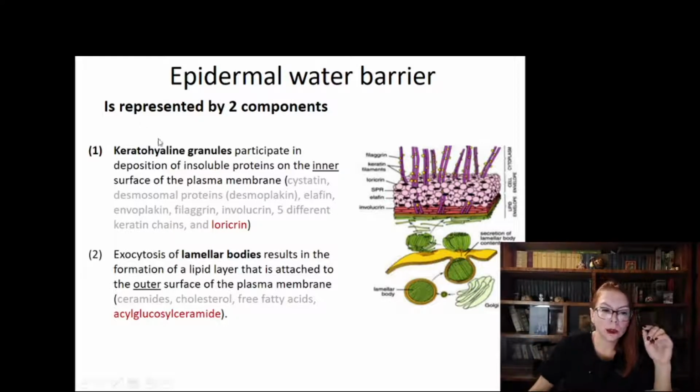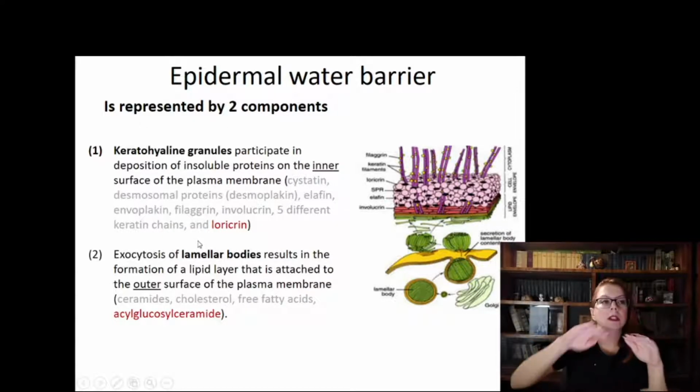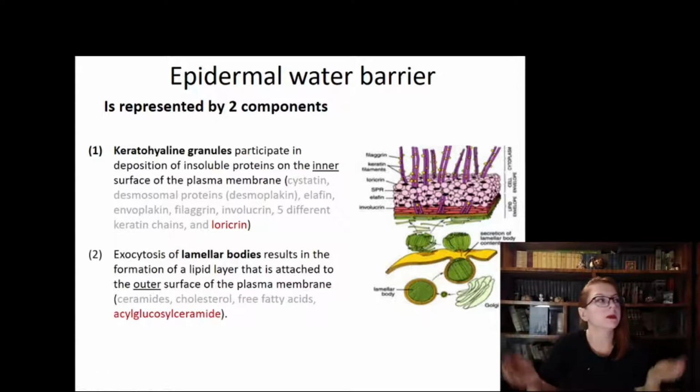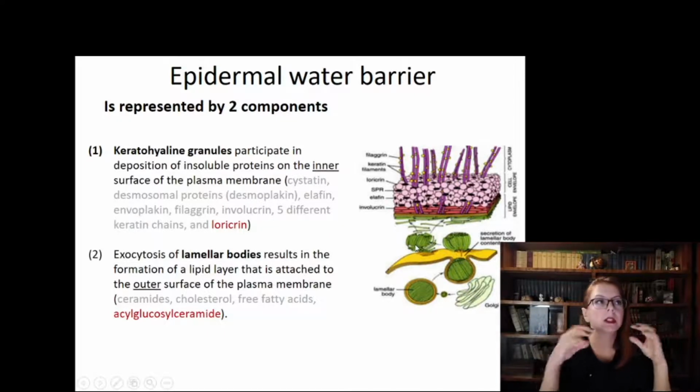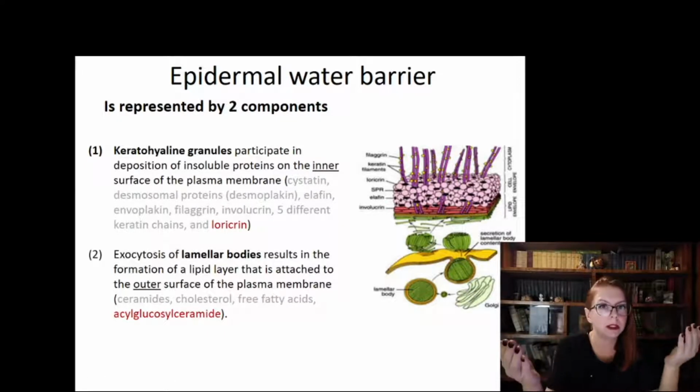The second component of the water barrier is the lipids surrounding the cell. So lamellar bodies are exocytosed, and they cover and surround every keratinocyte from outside. And those lipids fill spaces, they cement the extracellular space.